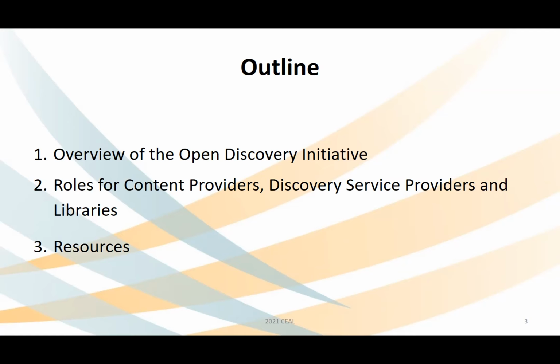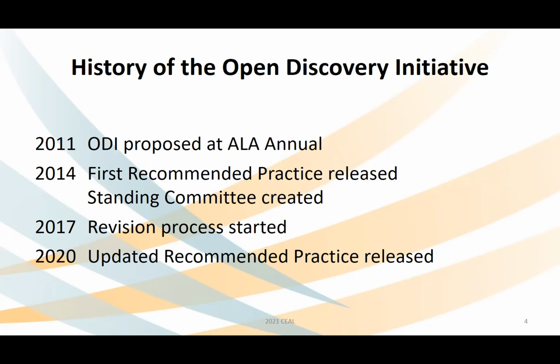So the Open Discovery Initiative was first proposed in 2011, 10 years ago, at the summer conference of the American Library Association. Ex Libris had at the time just announced the Summon product. Competitor products were coming up from EBSCO and OCLC, like the EBSCO Discovery Service, Primo, and WorldCat Discovery.